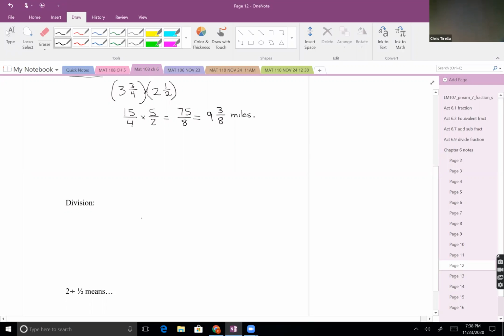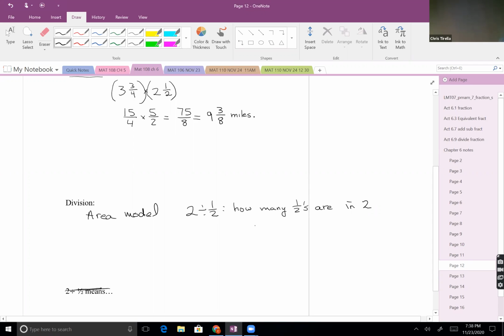And one way is almost like an area type model. If I were to take 2 and divide it by a half, that would actually be asking me how many halves are in 2.